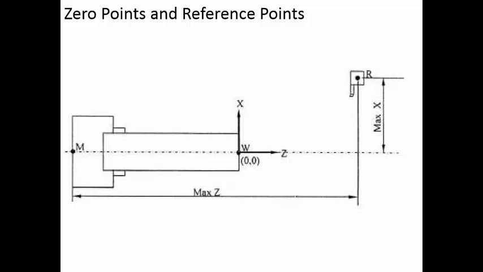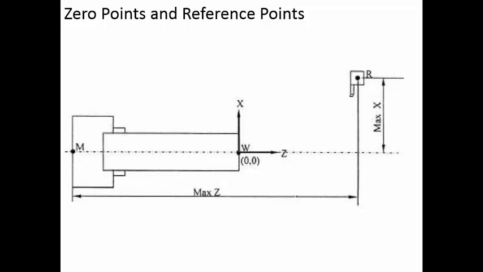For that we have something called work offsets, using which we can define where exactly the origin of the workpiece is, and these values will be loaded into the CNC controller. Then in the program we will specify what origin we have to consider, and accordingly the CNC will ensure that the tool is moving with respect to the coordinate system that we are going to use in that particular program.